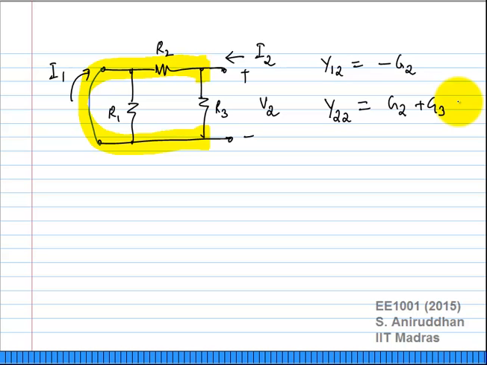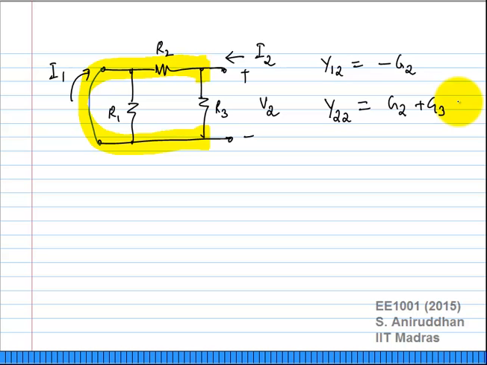Similarly, for a two-port network, for any complex network, we want to reduce it to these 4 sets of parameters. These Y parameters, Y11, Y12, Y21, Y22 will help you reduce any complex network across a pair of ports into just 4 Y parameters.